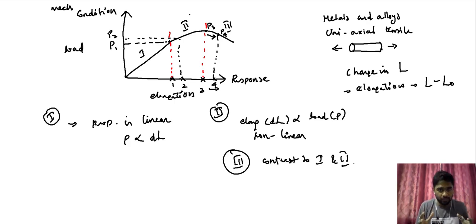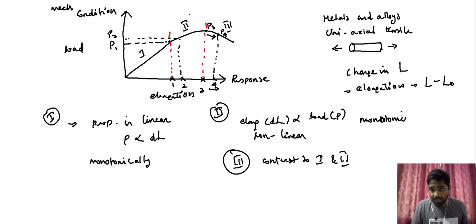Now, one other way of looking at the different sections is that for increasing the elongation, the load, the mechanical condition that we impose, should also monotonically, continuously increase. So when you want to continuously increase the elongation in section 1, the corresponding load should also continuously increase. So monotonically it should also increase. The same goes for section 2. When you want to continually increase the elongation, the corresponding load should also monotonically increase.